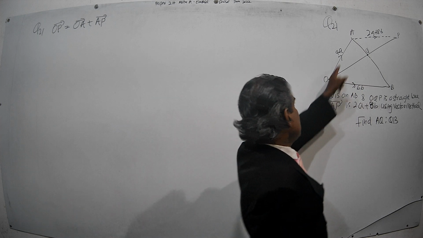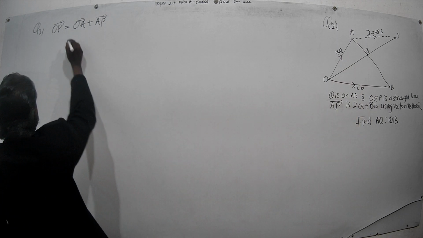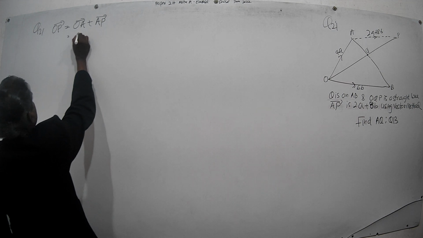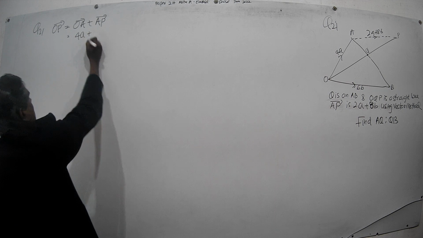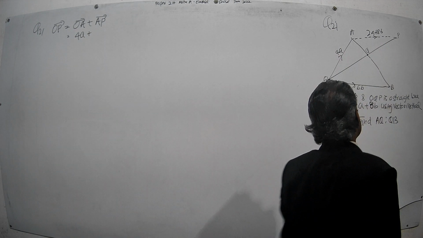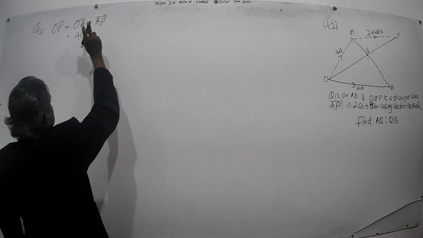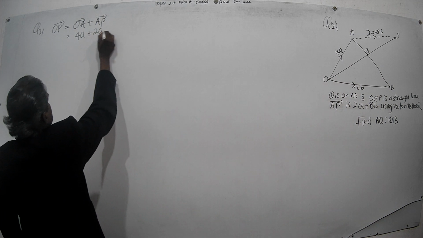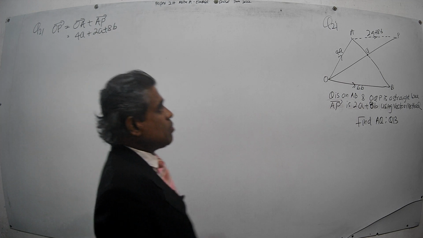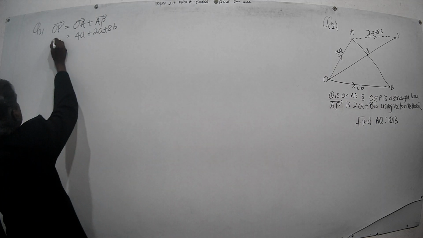Then vector OA we know is 4A. We can substitute vector OA as 4A, then plus vector AP, which is 2A plus 8B. Instead of vector AP we substitute 2A plus 8B. Then this is vector OP.